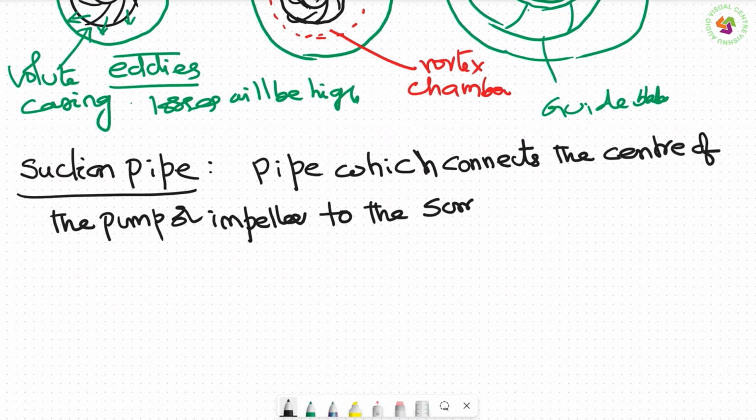Sump means the source of water. From the center of the impeller to the sump, whatever pipe is used is called the suction pipe.